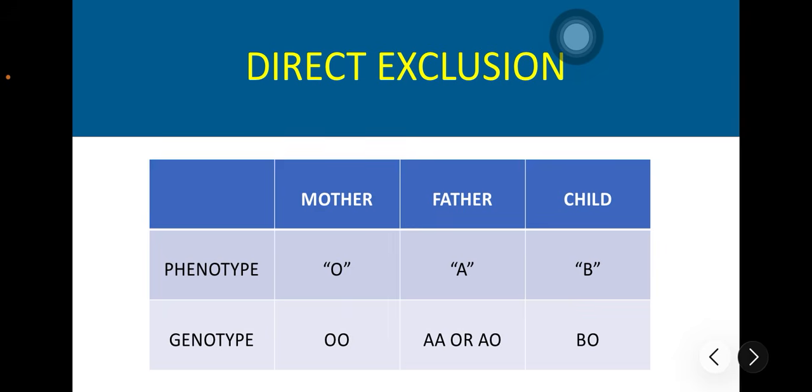In this example, the obligatory gene of the father could be either A or O. Since the child's blood type is B, the genetic marker is absent in both the mother and the father. That is direct exclusion. Therefore, the child is not from father A, since the child contains the B gene, while the father does not have the B gene.